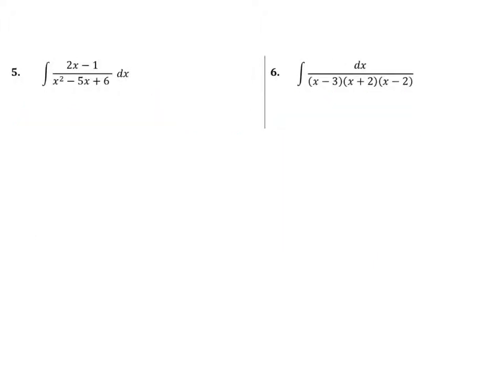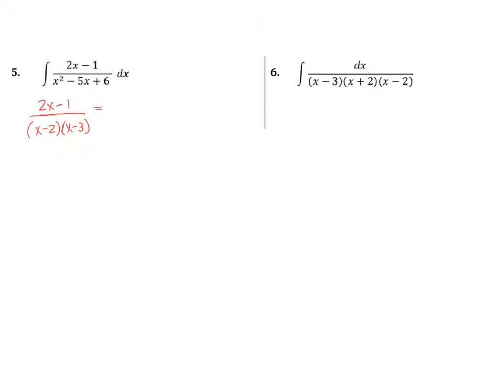Okay, so let's go ahead and divide this up again. We will have 2x minus 1 in the numerator, and then we need to factor the denominator. And so we're going to end up with 2x minus 1 over x minus 2 times x minus 3.